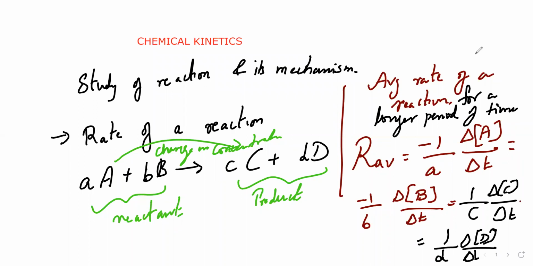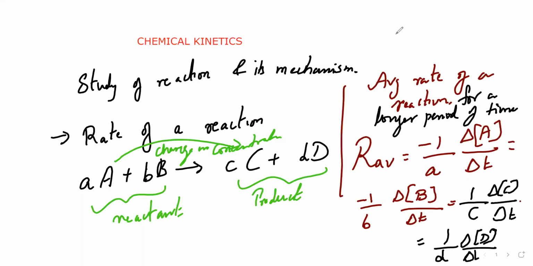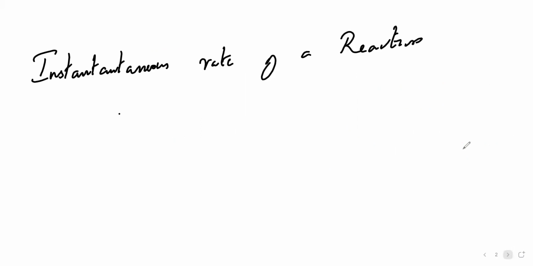Similarly, if I want the instantaneous rate of reaction, what I'll do with the same equation is, instead of delta, I will put d by dt.